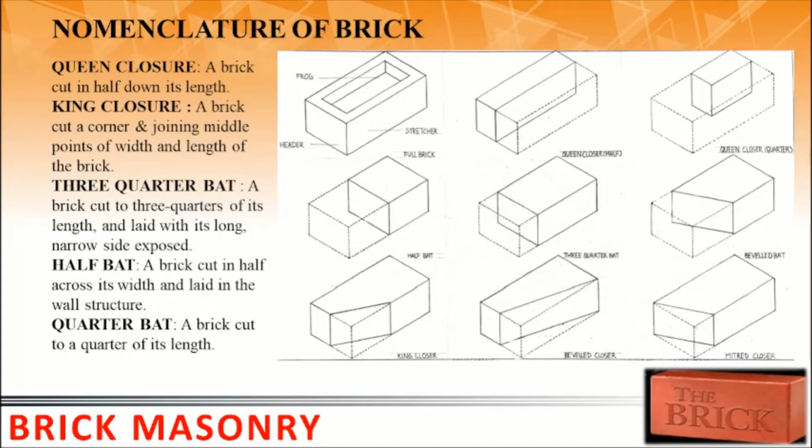King closer, a brick cut at a corner and joining the middle point of width and length of the brick. 3/4 bat, a brick cut to 3/4 of its length and laid with its long narrow side exposed. Half bat, a brick cut in half across its width and laid in the wall structure. Quarter bat, a brick cut to the quarter of its length.